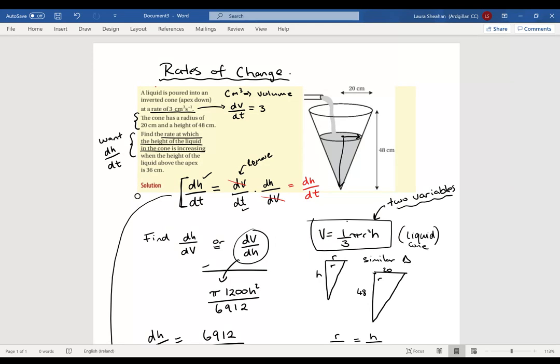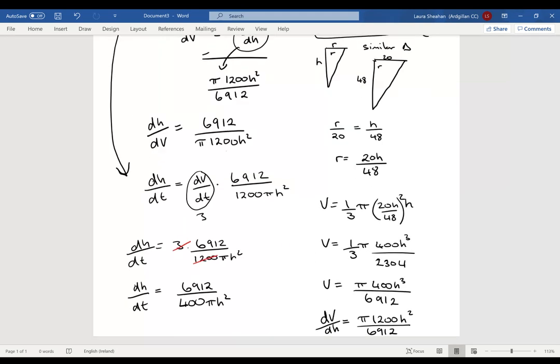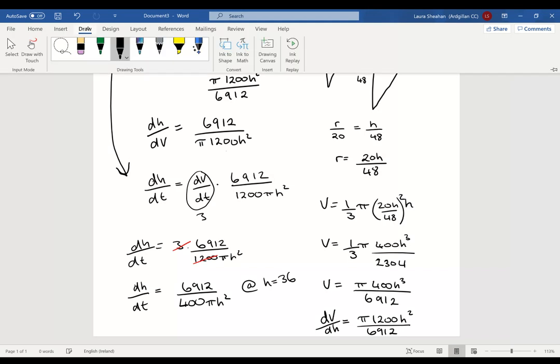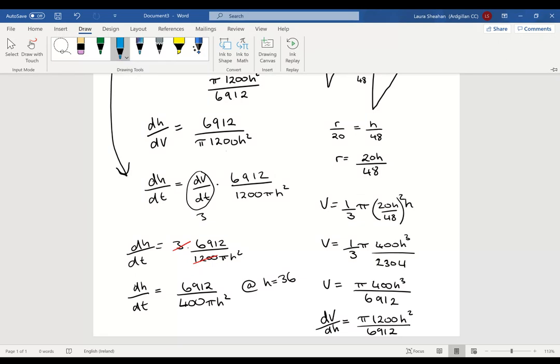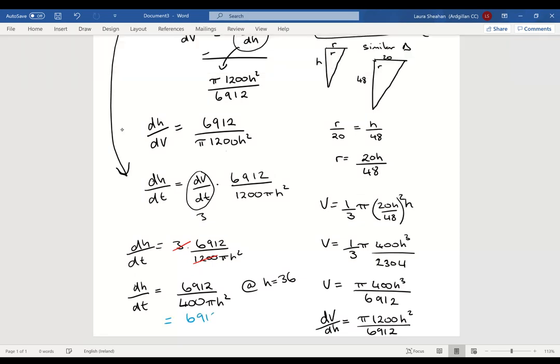I'm asked when the height of the liquid above the apex is 36. So now I'm told that h is equal to 36. I'm just going to change colour because I'm keeping it all on the one page here. I've got 6912 over 400 pi times 36, and I can stick that all into the calculator.